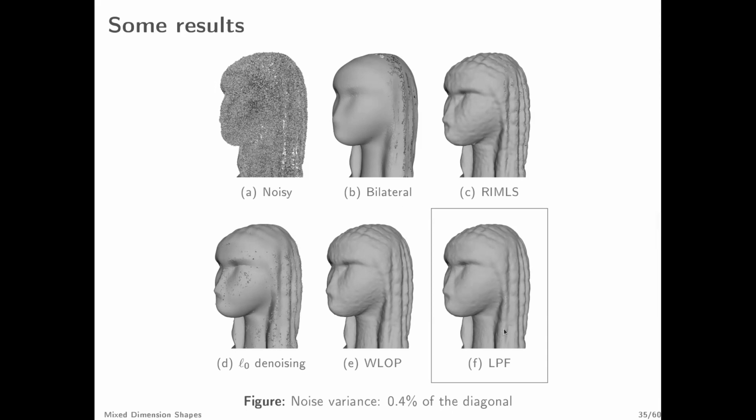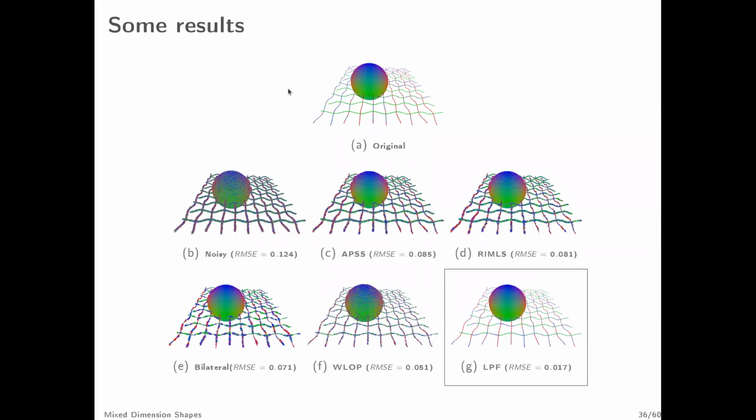It doesn't work much better than competing methods, of course, but it's not what it's made for. What it's made for is cases where you have both surfaces and lines. And if you add noise to this kind of data, this is the only method that is able to recover both the net and the surface.